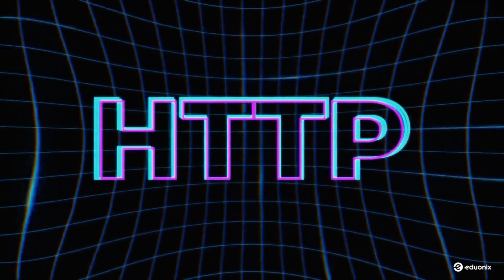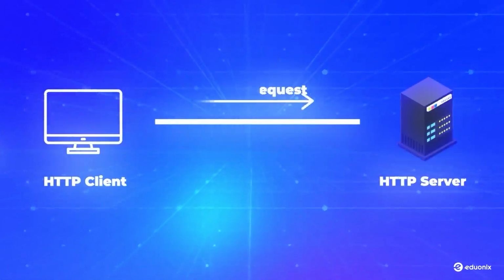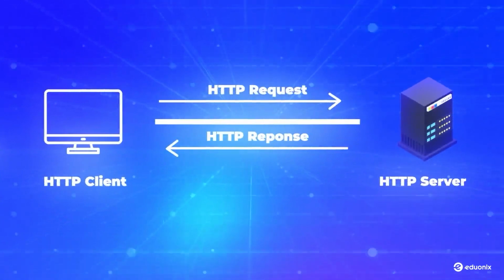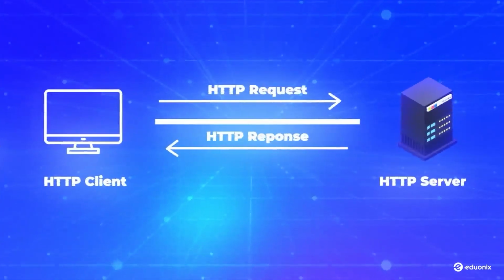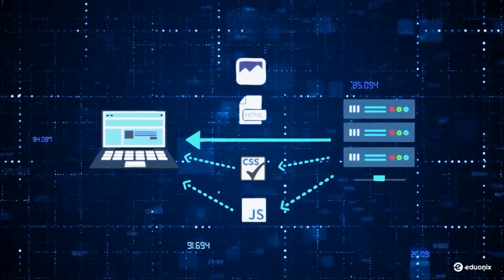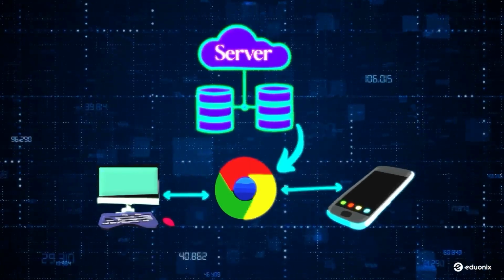HTTP, Hypertext Transfer Protocol, is what web browsers use to fetch and display web pages. When you load a web page, your browser sends an HTTP request to the web server asking for the page. The server responds with an HTTP response, sending back the HTML, CSS, and JavaScript files. Your browser processes these files and displays the page on your screen.